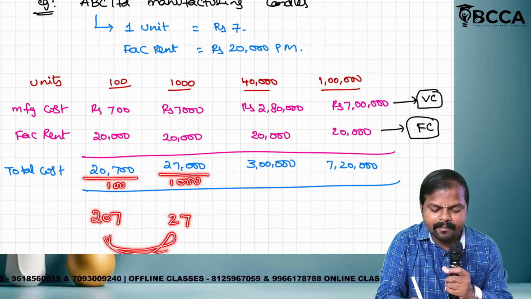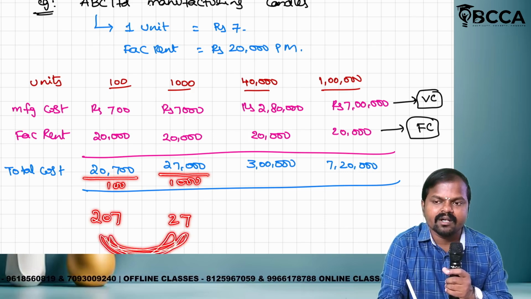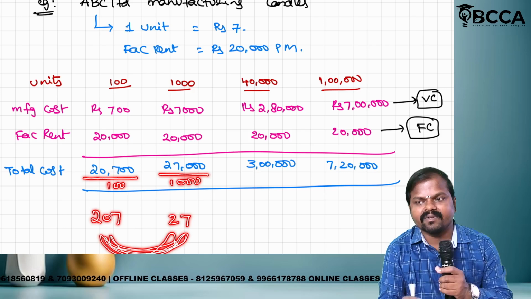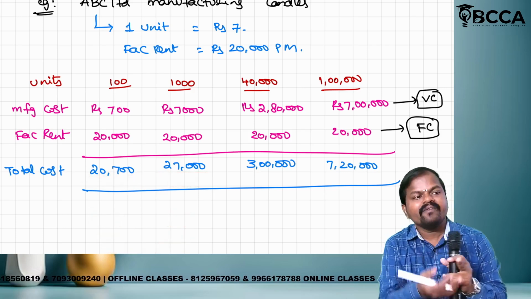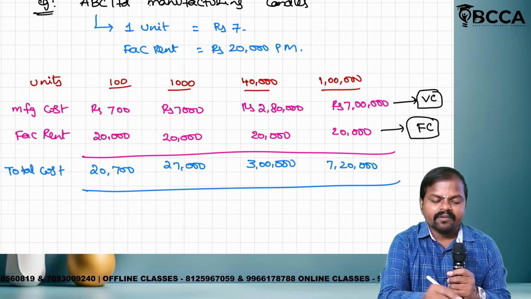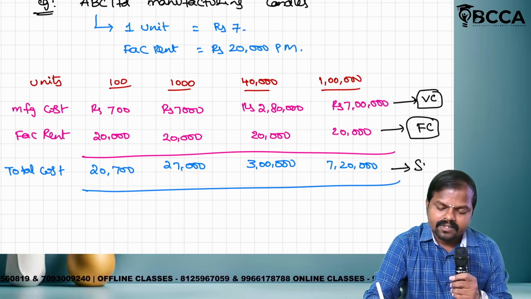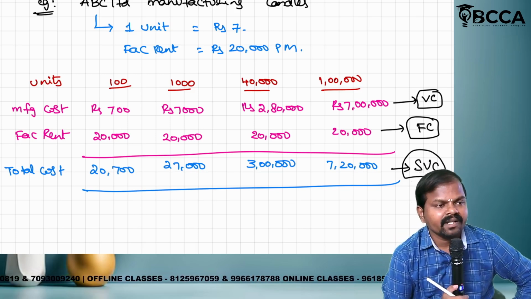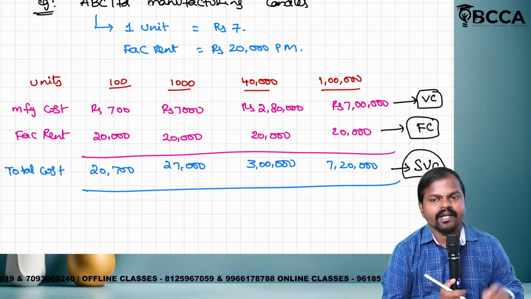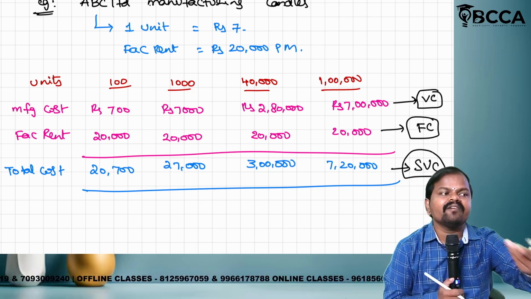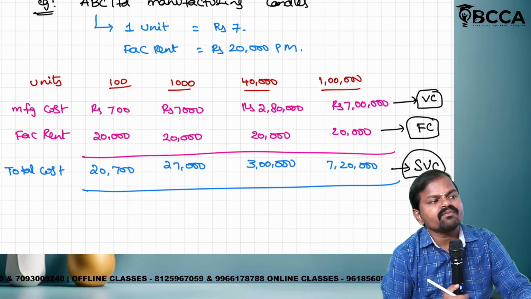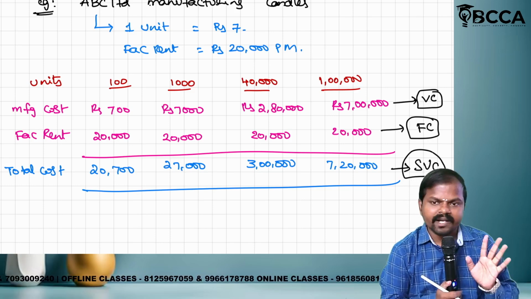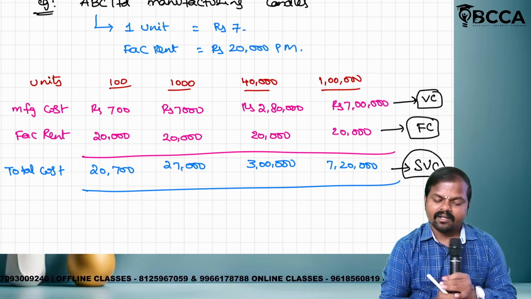Cost per unit is the same? It changed. It means condition 2 under variable cost is not satisfied. Fixed cost condition 1 failed, variable cost condition 2 failed. Then we can conclude that it is semi-variable cost. Correct, my dear friend? Excellent. This is one type of question they mention. Clear? Listen carefully.